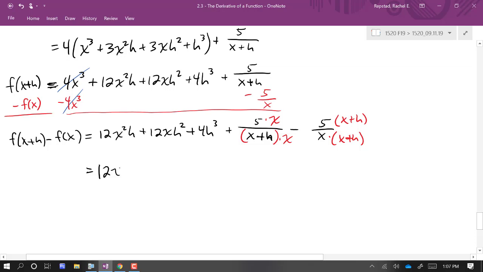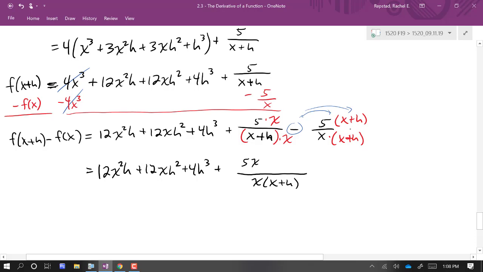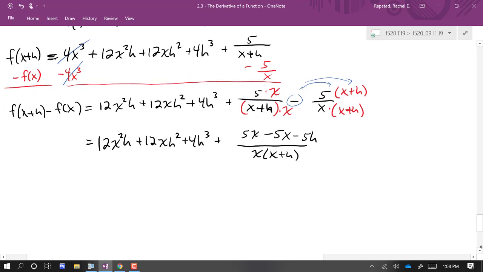So we've got 12x squared h plus 12x h squared plus 4h cubed plus, and now this single fraction, and up here we have 5x, and then I'm going to go ahead and, if it's okay with everybody, distribute this negative along with the 5 through the parentheses. So we write it as a single fraction. We'll have a minus 5x minus 5h. I'll pause there for a moment and see if that seems okay.